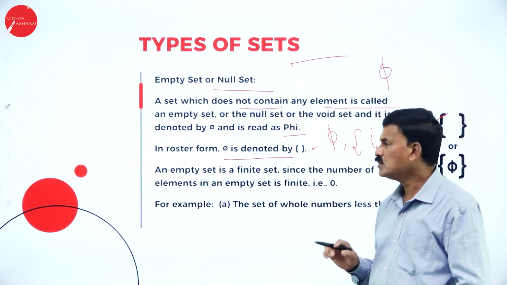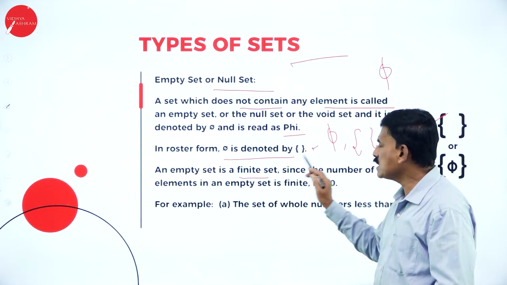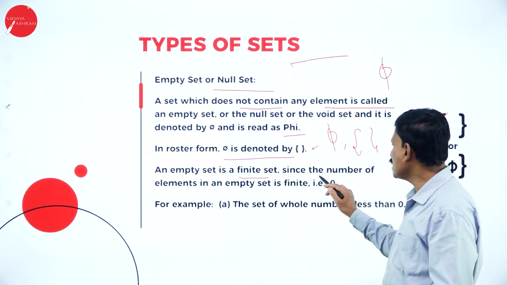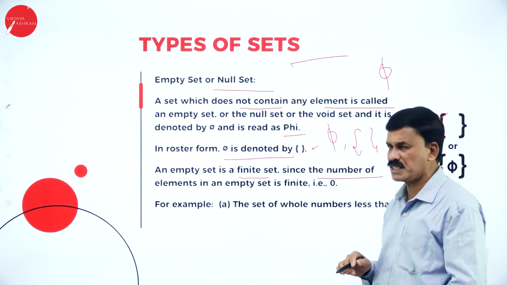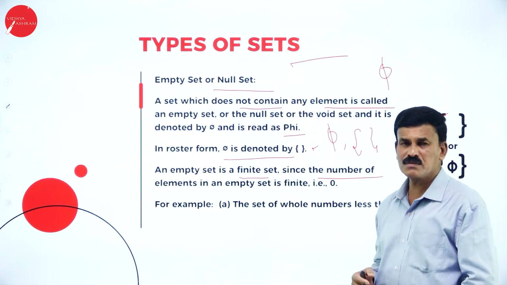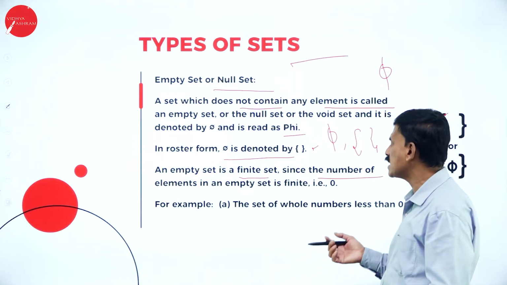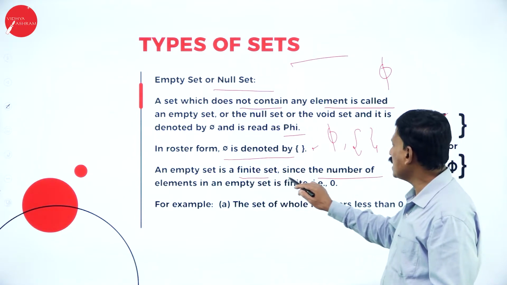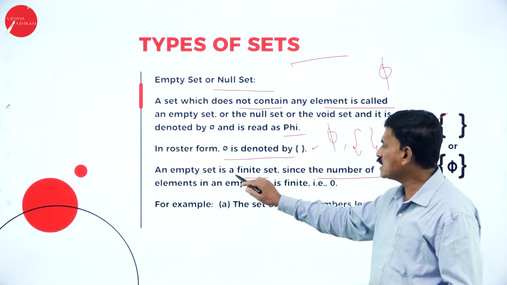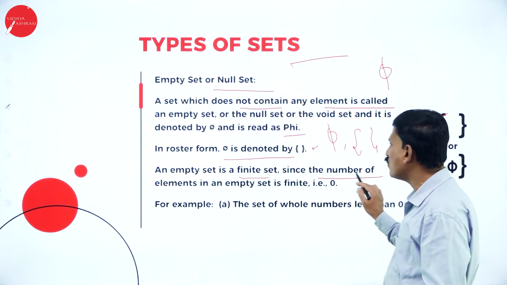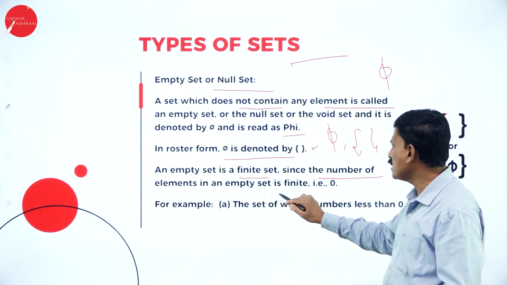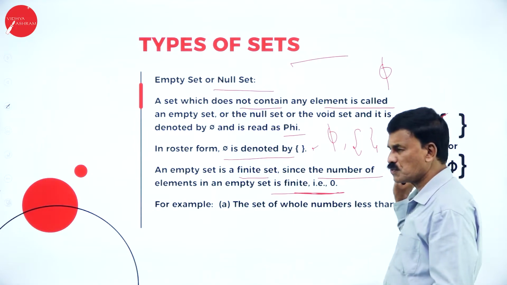Now, let us come to the empty set. An empty set is said to be a finite set since the number of elements is finite. A finite set means a set which contains a definite number of elements. So, an empty set is a finite set since the number of elements in an empty set is 0.